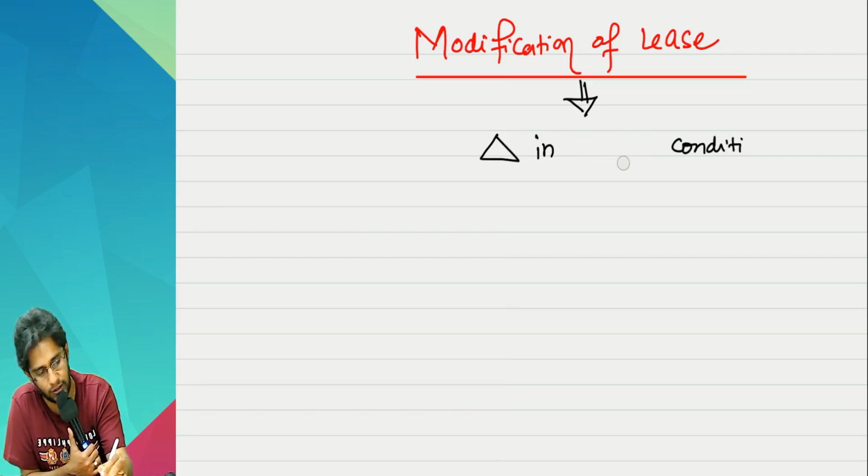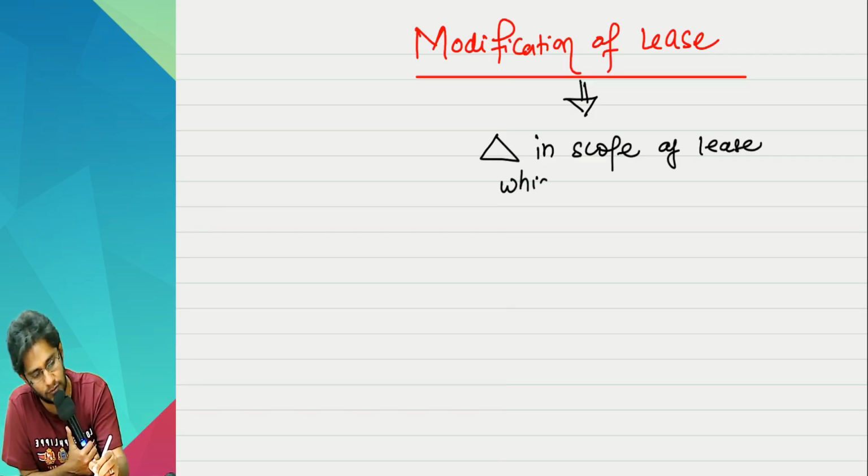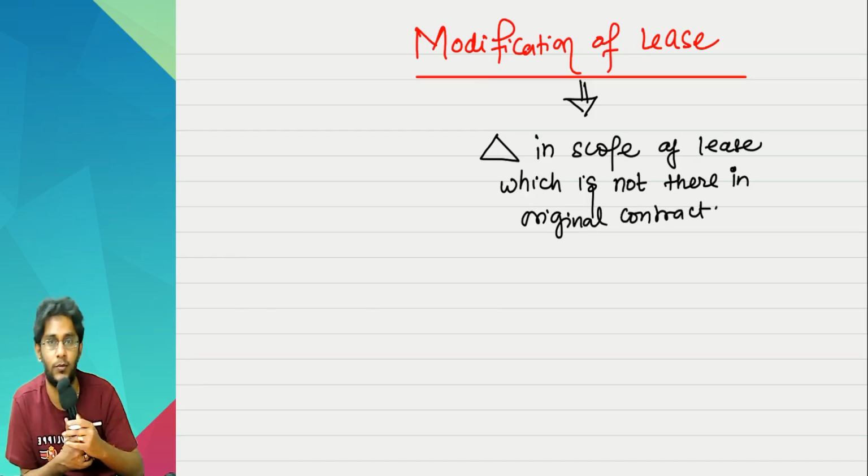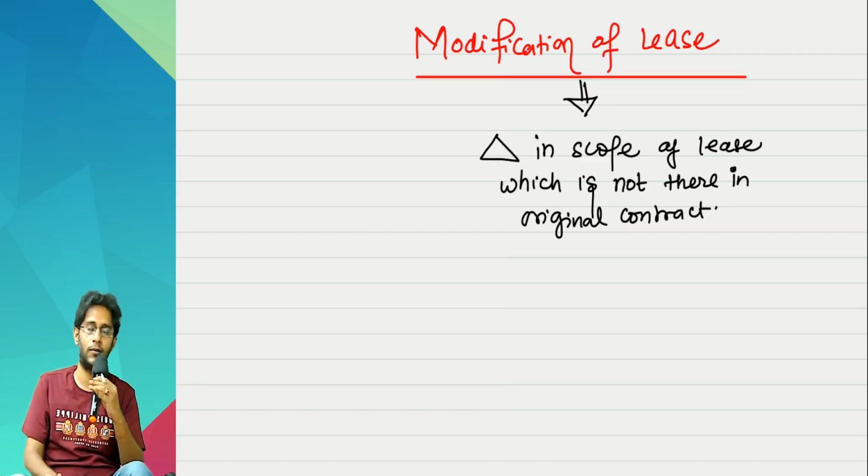Or rather I should put it like this, it will be much easier to understand: change in the scope of lease, which is not there in the original contract. You are changing something which is not there in the original contract.